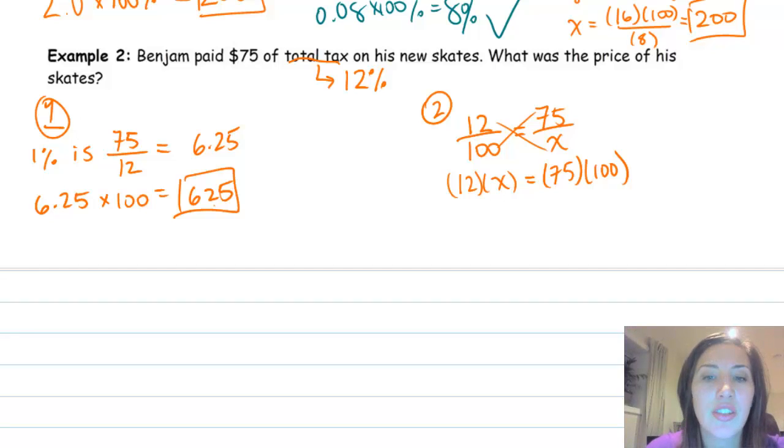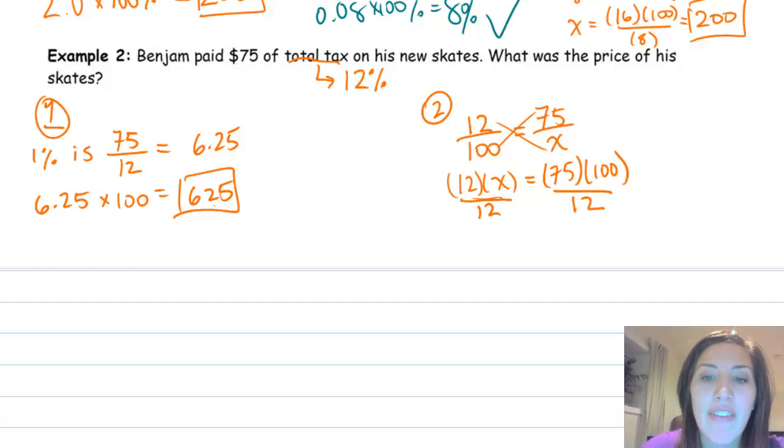Now, to get this 12 out of here, we need x by itself so we know what x is. So here we have 12 times x. So we need to get rid of the 12 by doing the opposite. If we divide this by 12, 12 divided by 12 is just 1x. But whatever we do to one side, we've got to do to the other side.